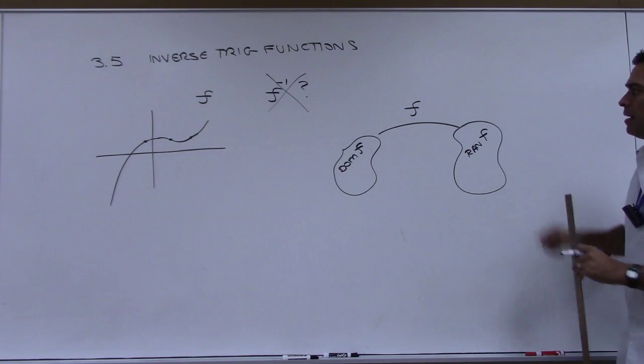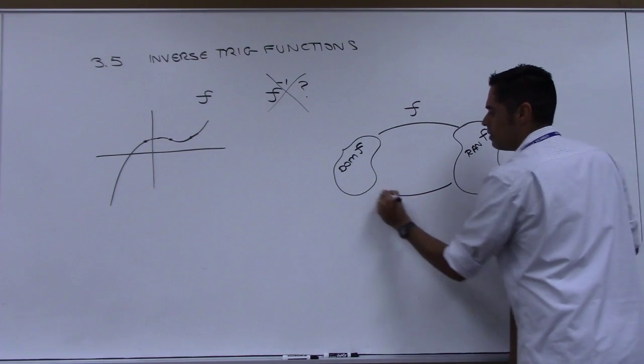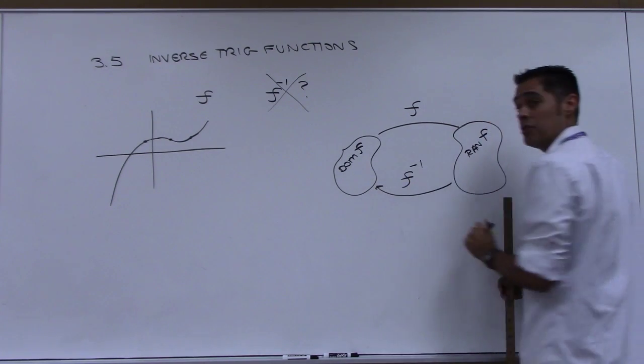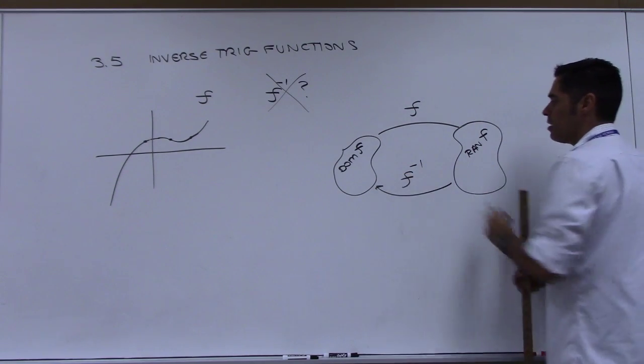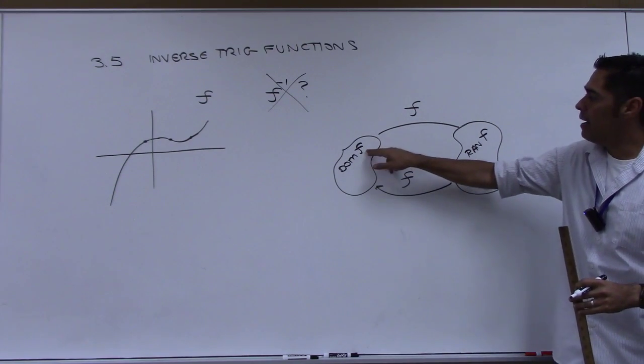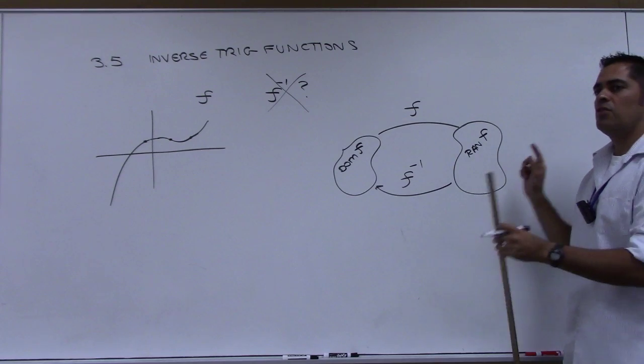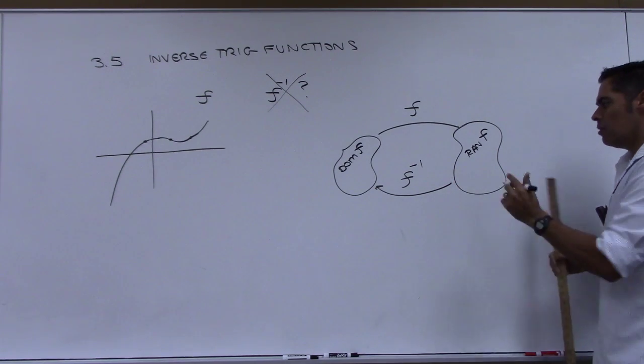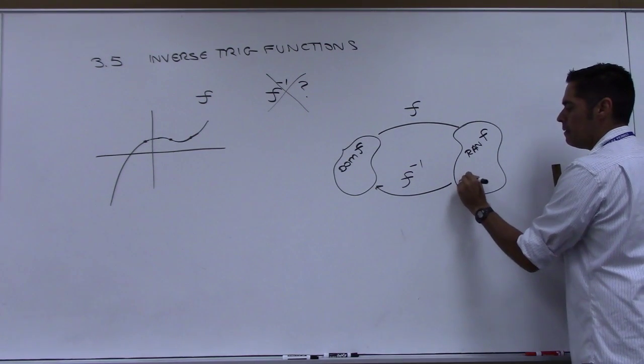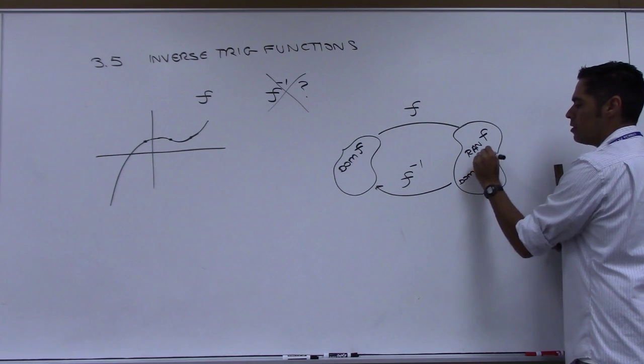Then if f has an inverse, which not every function does, the domain of f and the range of f switch places. So what is the domain of f inverse?